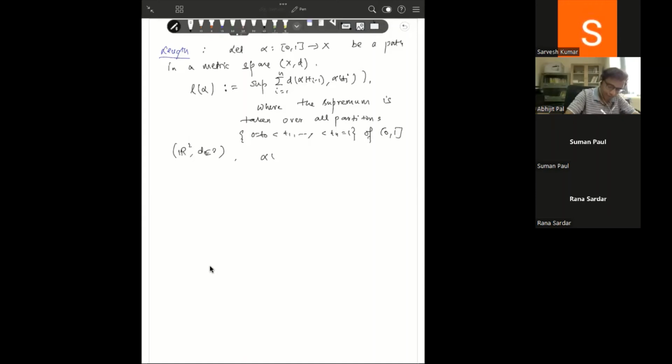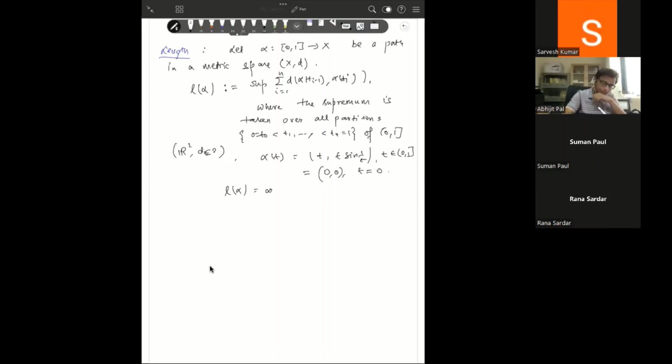So if I take this path alpha of t, where t belongs to the interval and t equals 0, okay, one can show that the length of this path is infinite.